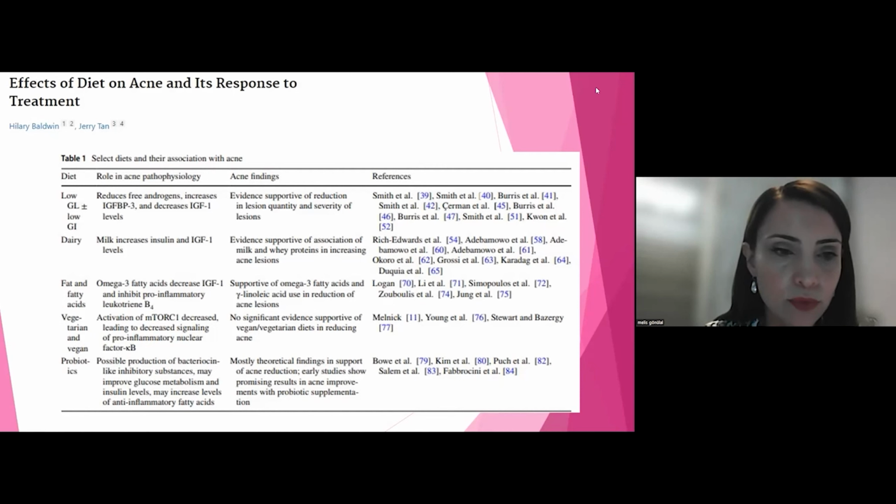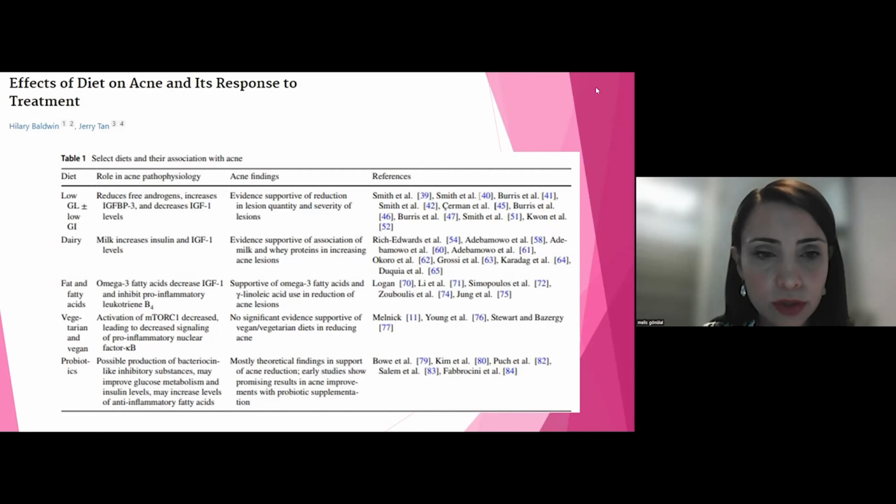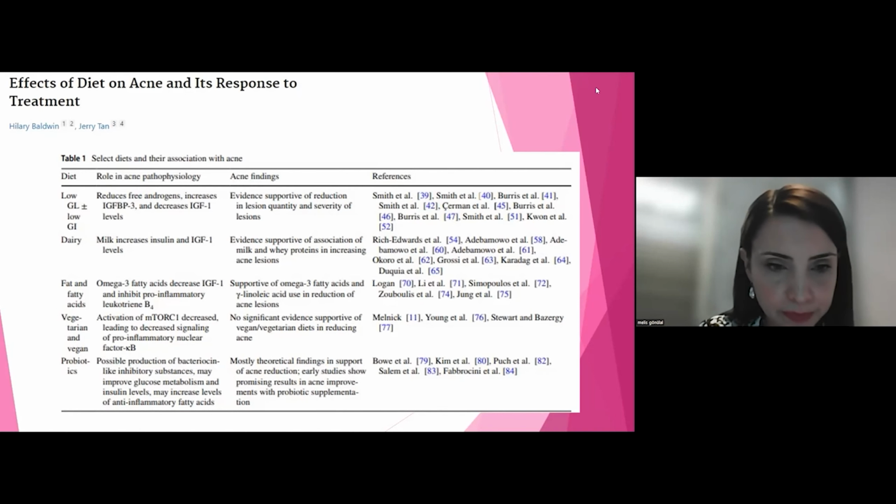And with a vegan diet, we can decrease mTORC1, leading to decreased signaling of pro-inflammatory nuclear factor. And with probiotics we can also increase the anti-inflammatory mechanism for acne vulgaris.